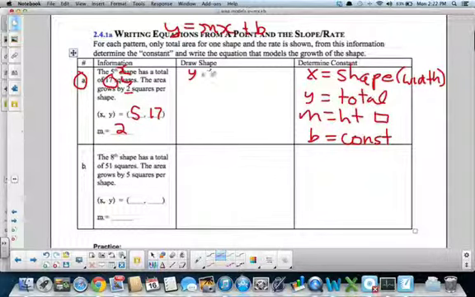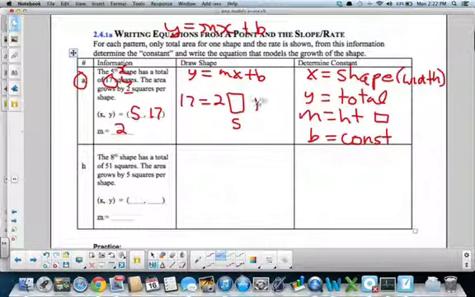So now we need to draw a picture. Well, we know our formula is y equals mx plus b. And in this case, that means I've got 17 total squares in a shape that is 2 tall, 5 wide. And then I've got to add on the constant. So 2 times 5 means we're going to have a rectangle with an area of 10.